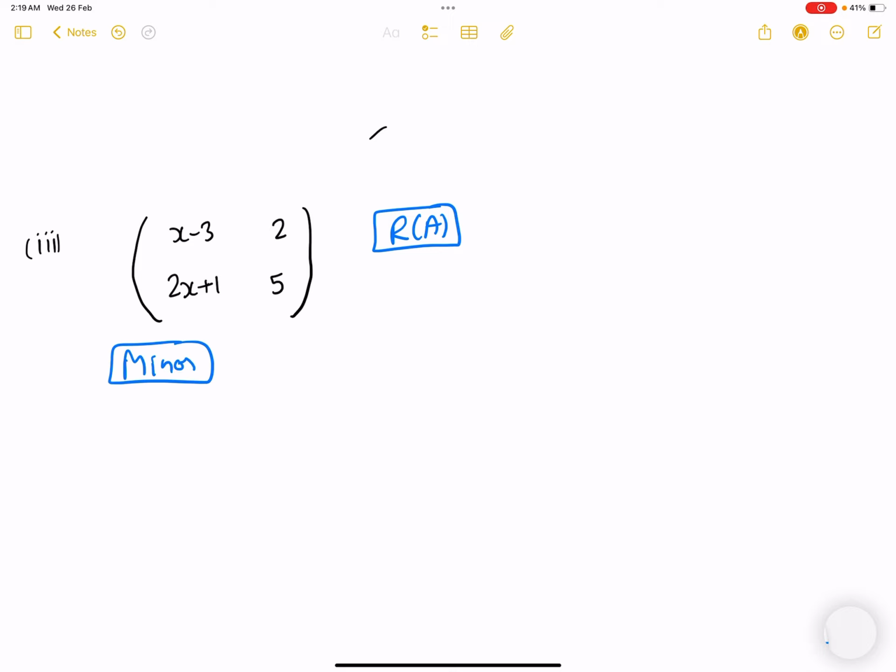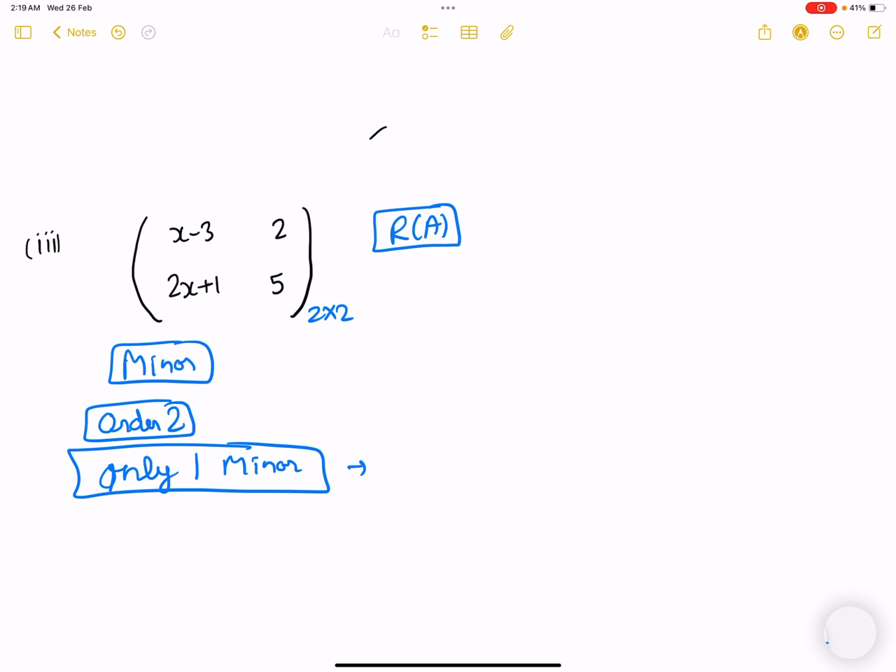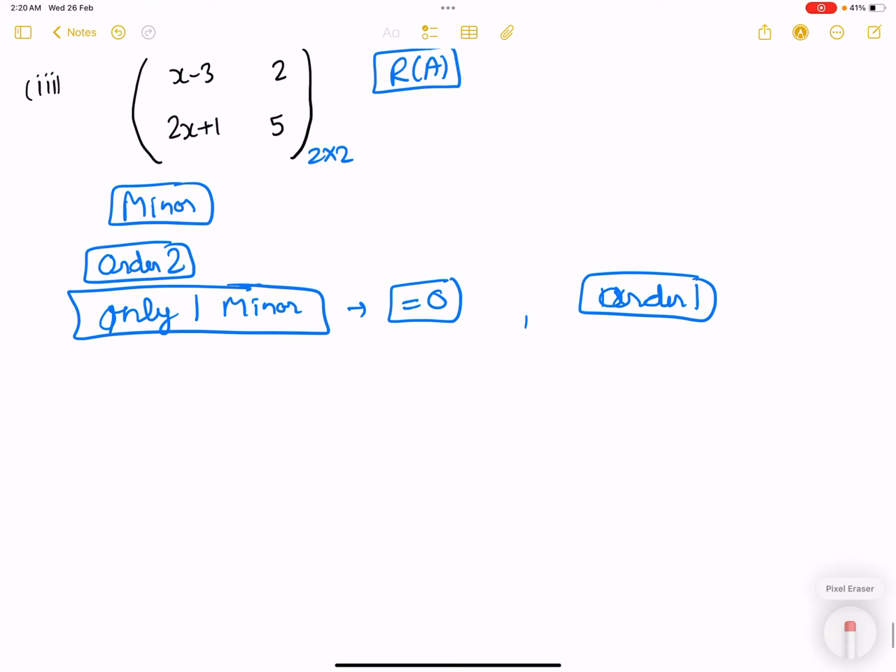So the order is 2 cross 2, and if we are talking about order 2, we have only one minor, and if the determinant of this minor comes out to be 0, then we'll check for 1 cross 1, then we'll check for order 1.